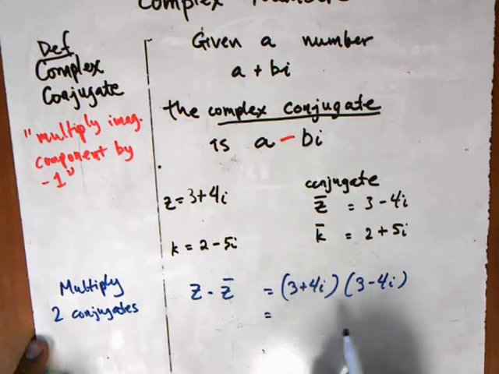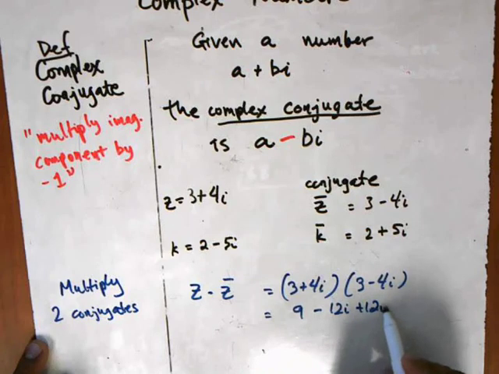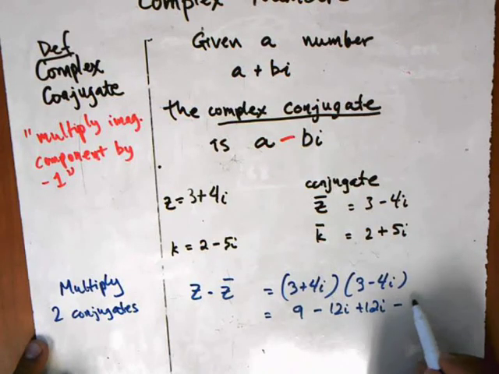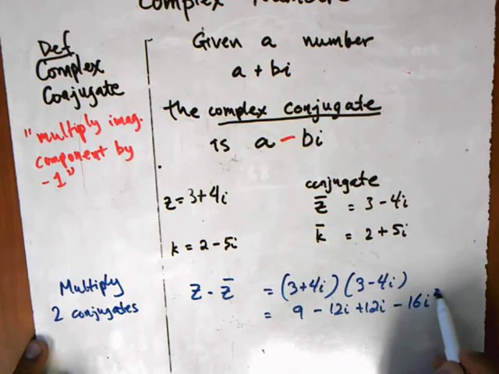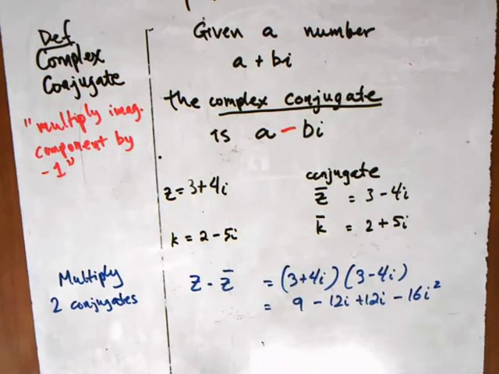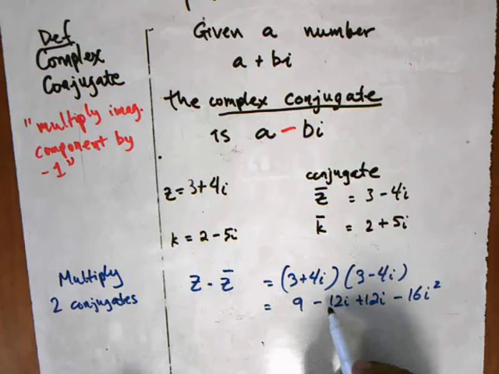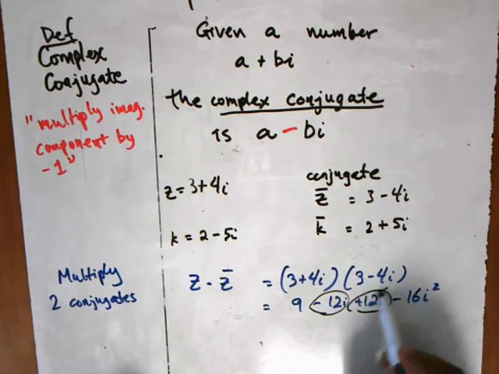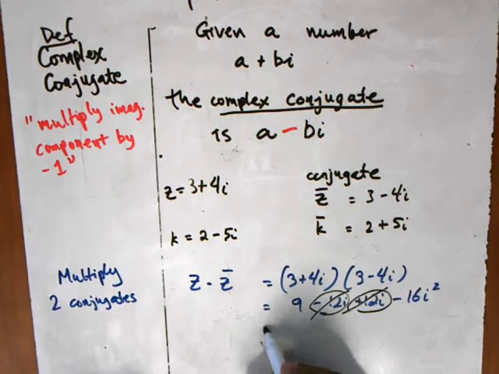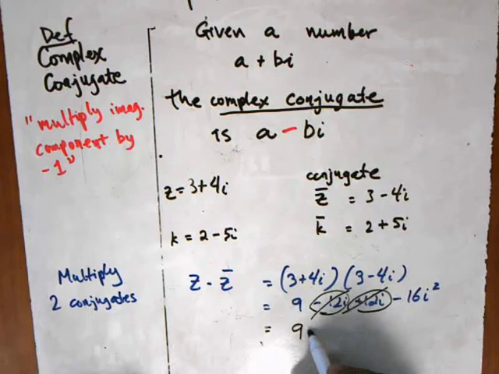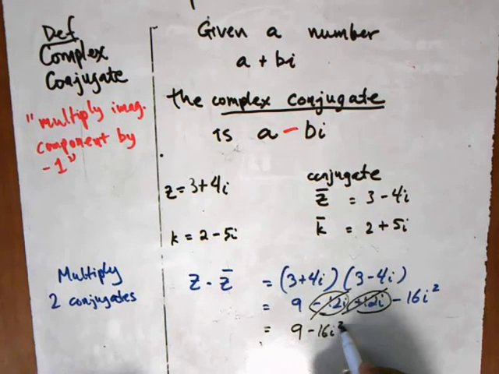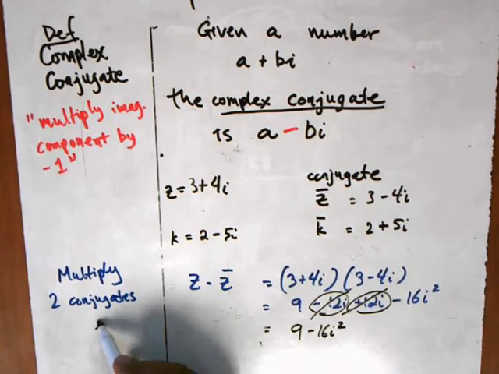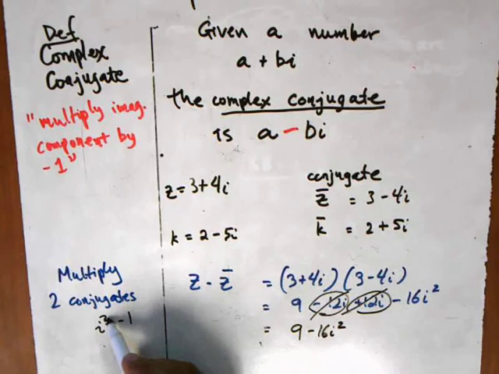And so when we multiply this out, we will get 9 minus 12i plus 12i minus 16i squared. Well, looking at this example, we can see that the negative 12i and the positive 12i will cancel, and that will leave us with 9 minus 16i squared. But remember that i squared is equal to -1.